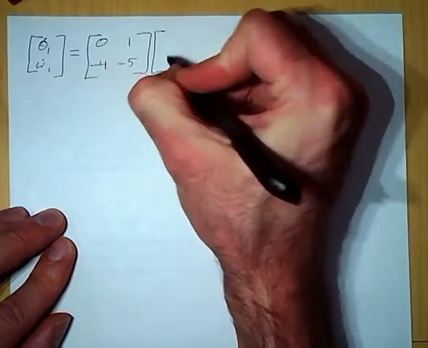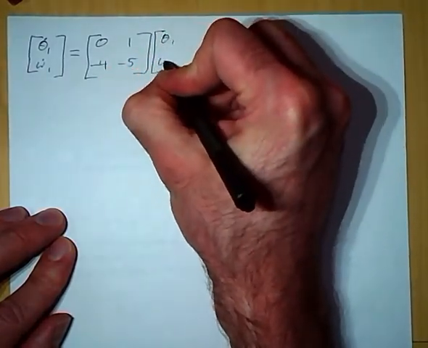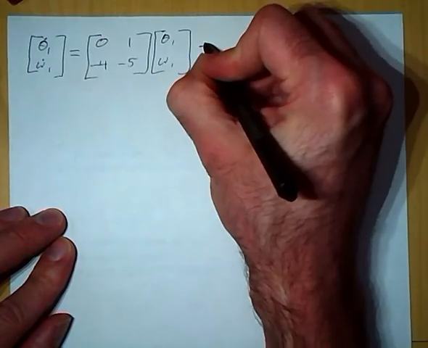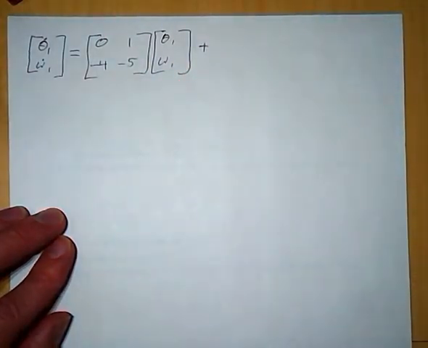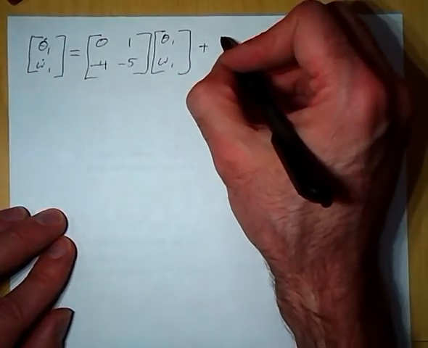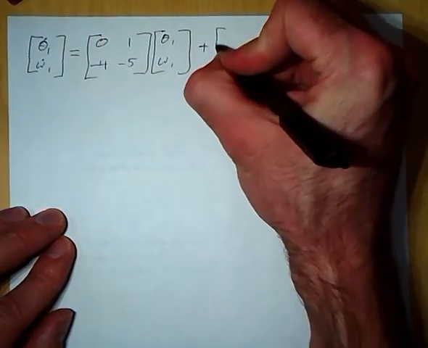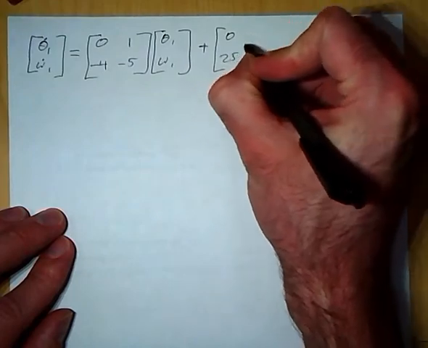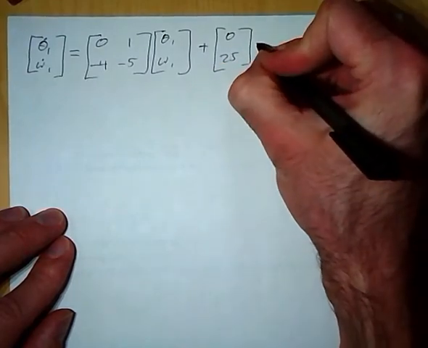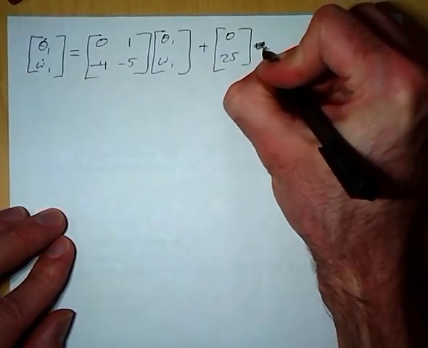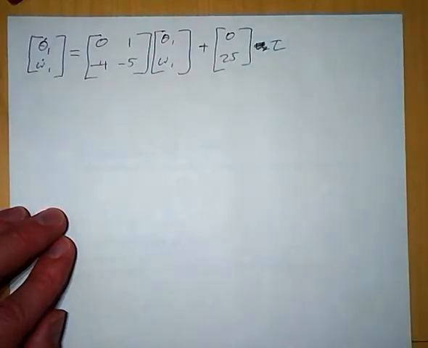So those get multiplied by the state vector, which is theta 1 and omega 1. And we also have B, which is our input matrix, times the input. So that's 0 and 25 makes up B, and our input vector is just, oops, well, we call it U, but in this case it's tau.